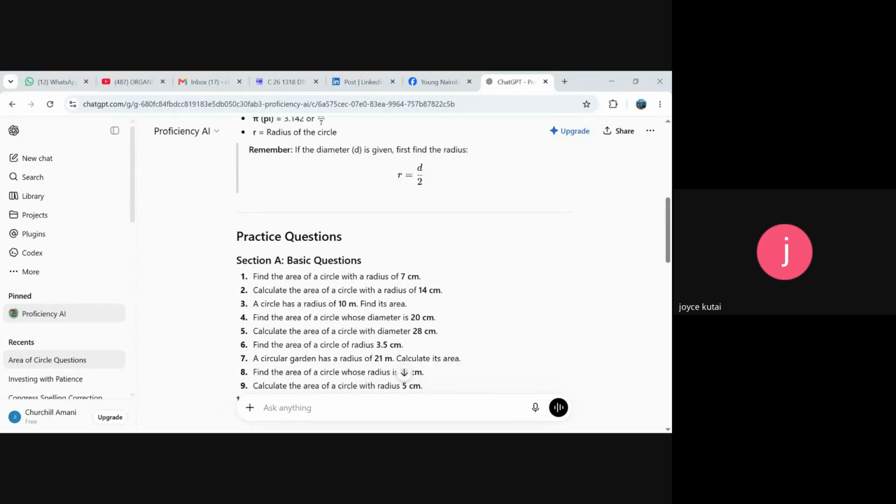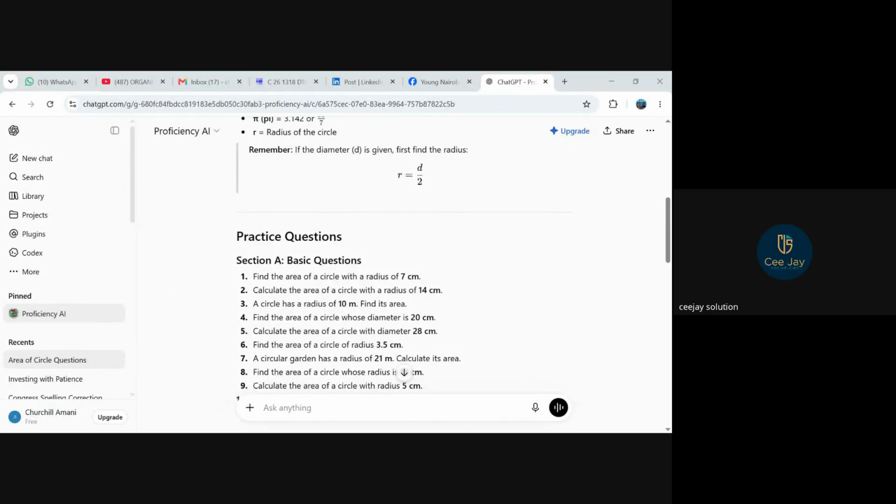So the formula of getting area of a circle is pi r squared. We divide the 20 centimeters by 2 to get the radius, which will be 10 centimeter. I'll choose to use 3.142. So I'll use 3.142 times 10 times 10 to give us 314.2 centimeters squared.